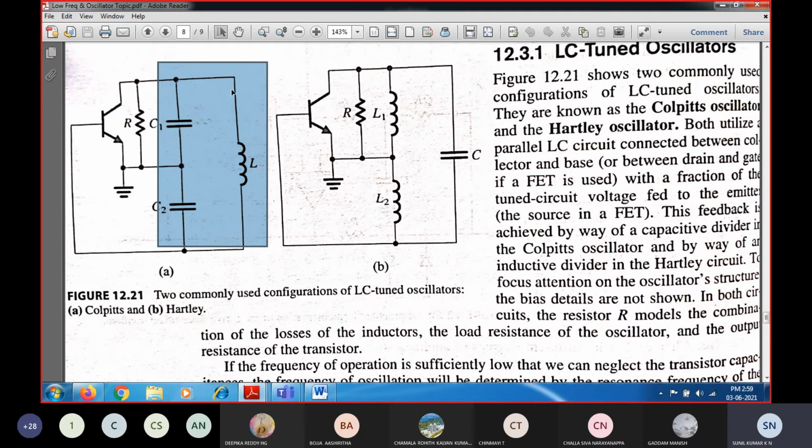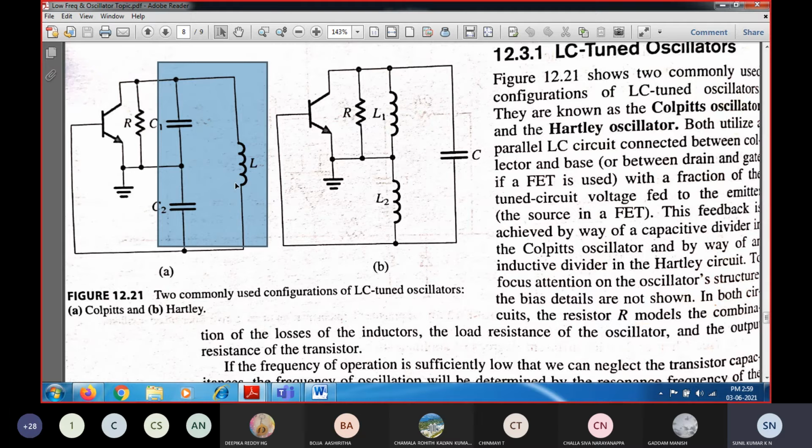When an inductor is connected in parallel to this capacitor, whatever charge is there is going to discharge through the resistance as well as the inductor path. It causes the current to flow, the electrons or holes to move towards the inductor.